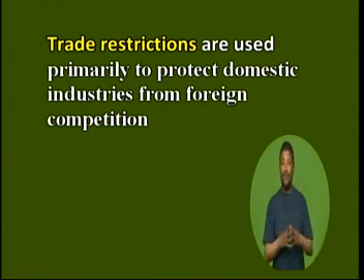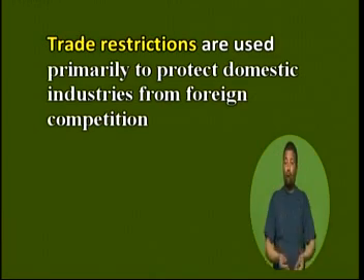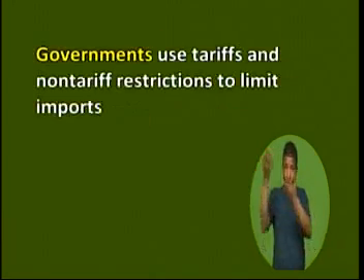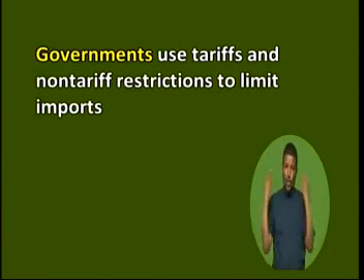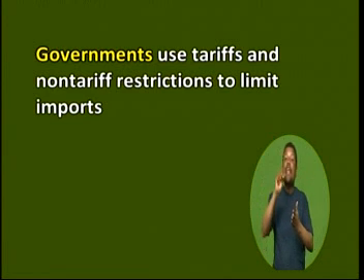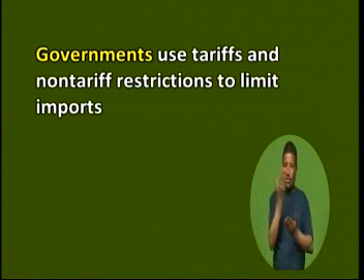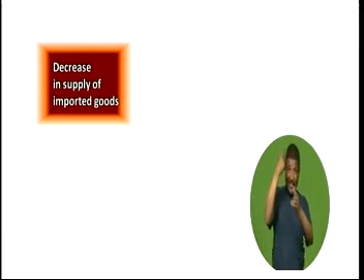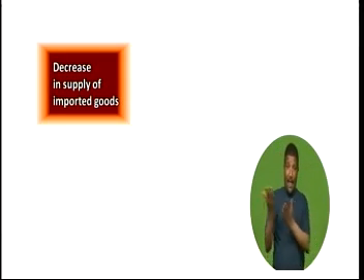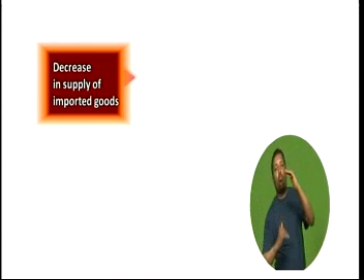Usually, restrictions are imposed on import trades. Governments use tariffs and non-tariff restrictions to limit the import of certain goods. As a result, the supply of imported goods in the domestic market will decrease.